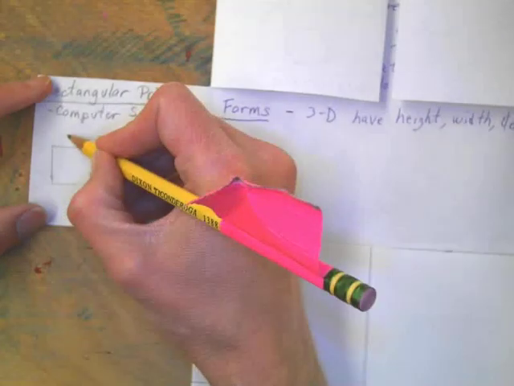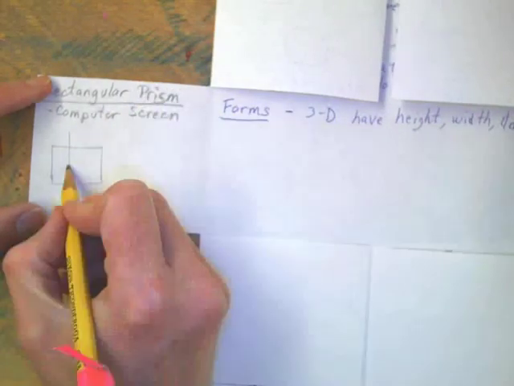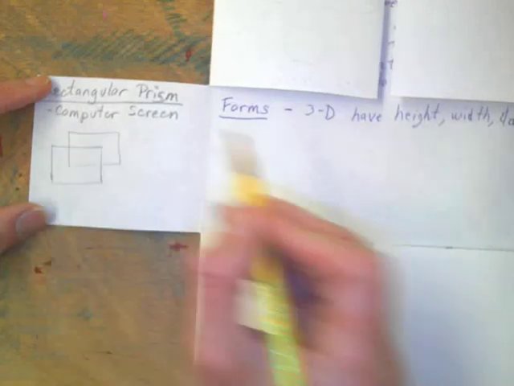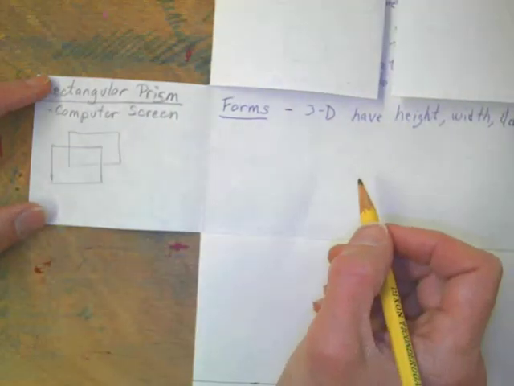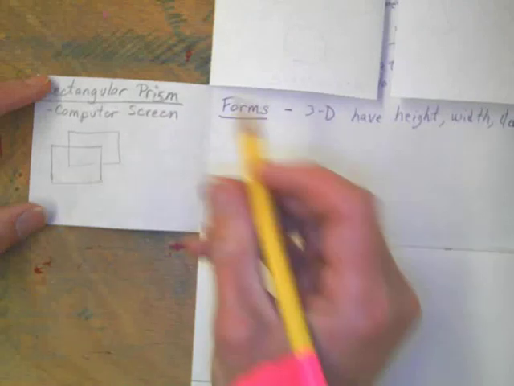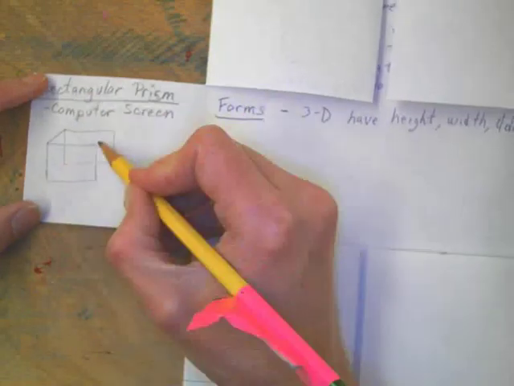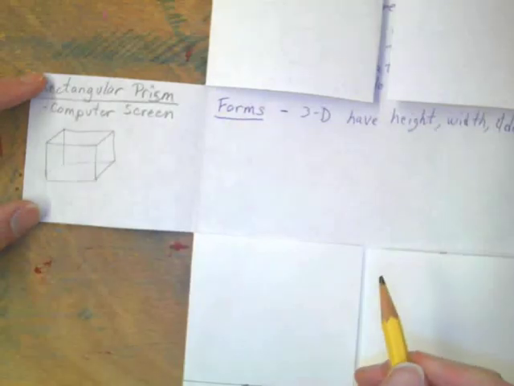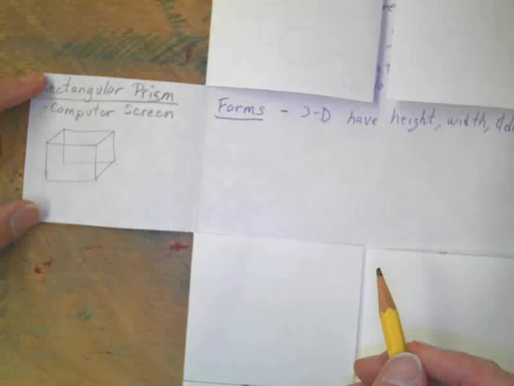Then draw a little bit overlapping in the back, behind that one, about the same size. It can get a little smaller. Connect your lines, your corners.